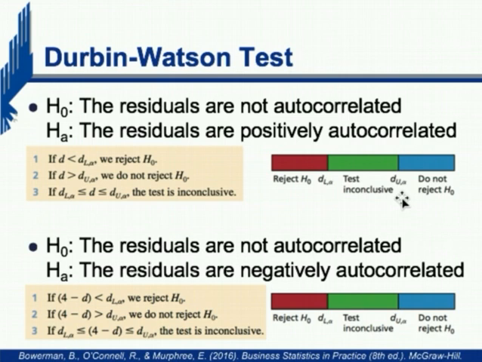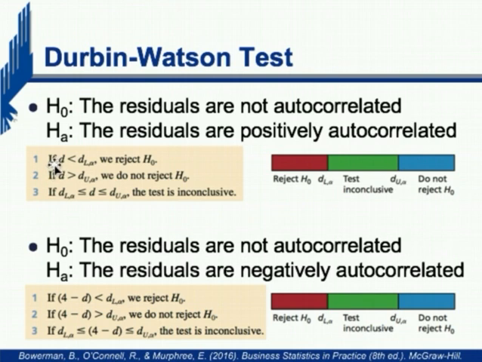We need k, the number of independent variables, and we also need n, the number of observations in the dataset. Furthermore, you also need the value of alpha to determine the value for the D L alpha and D U alpha, which should be compared to the test statistic D.